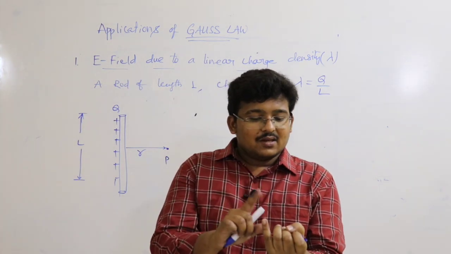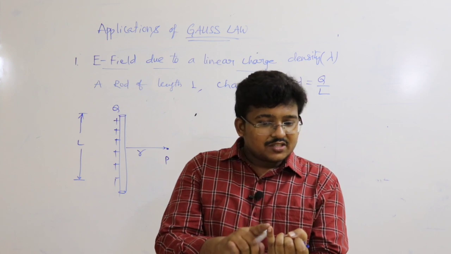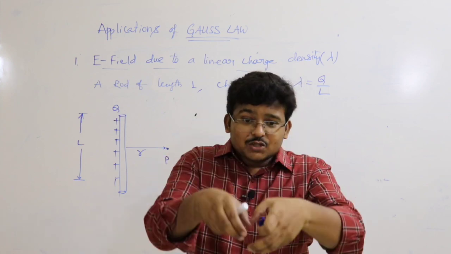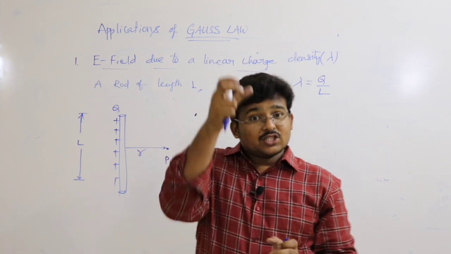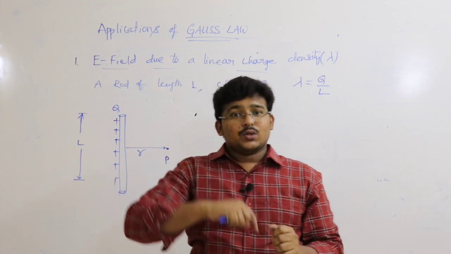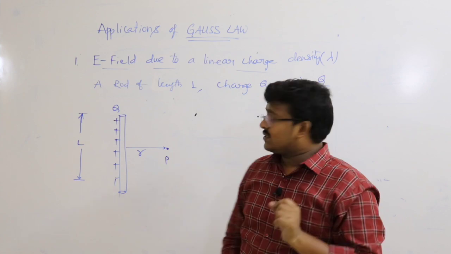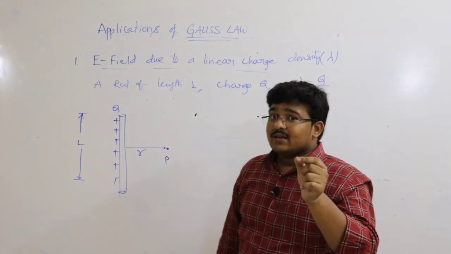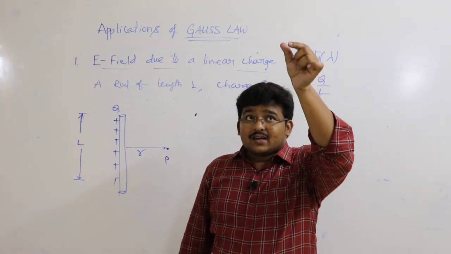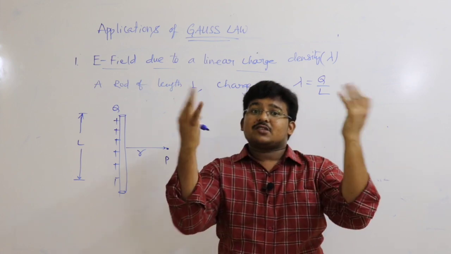The first thing is you must form a closed surface so that the charge is enclosed. So here I am taking a Gaussian surface; as there is symmetry, I will take it like a cylinder.